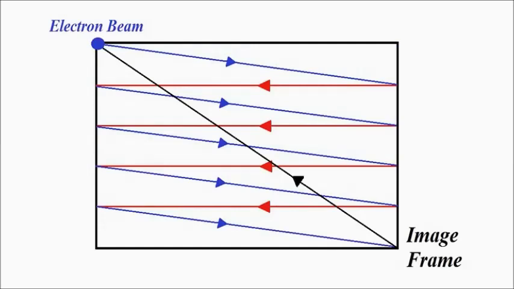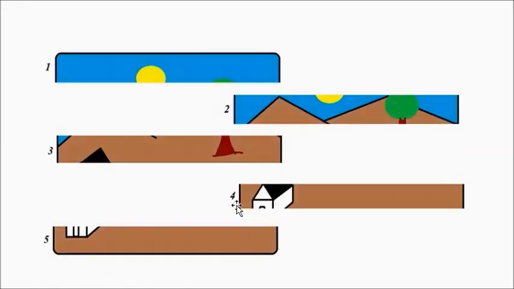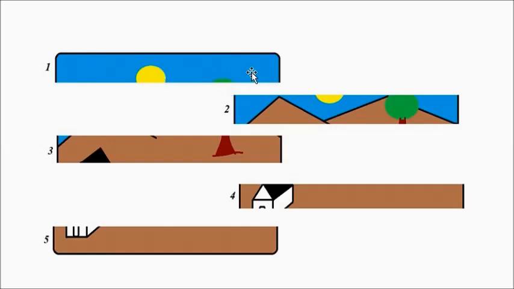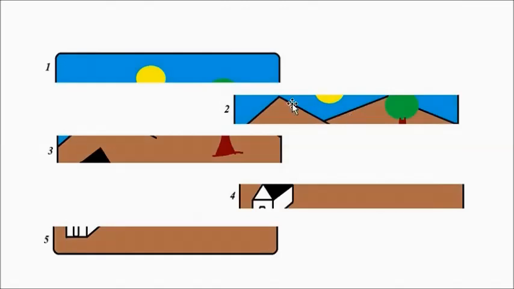But what happens in interlace scanning? Let's say this picture is divided into two fields, the even and odd fields, which lie in between. If you take this picture, it is divided into even and odd scanning lines. See, this portion at the top is in the even field. Just below it, the portion is in the odd field.